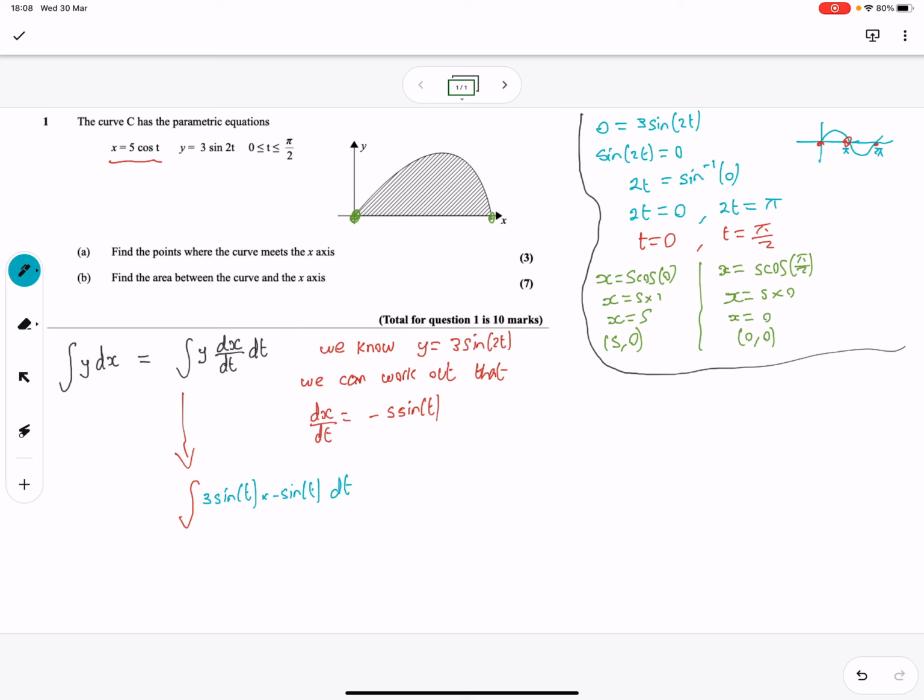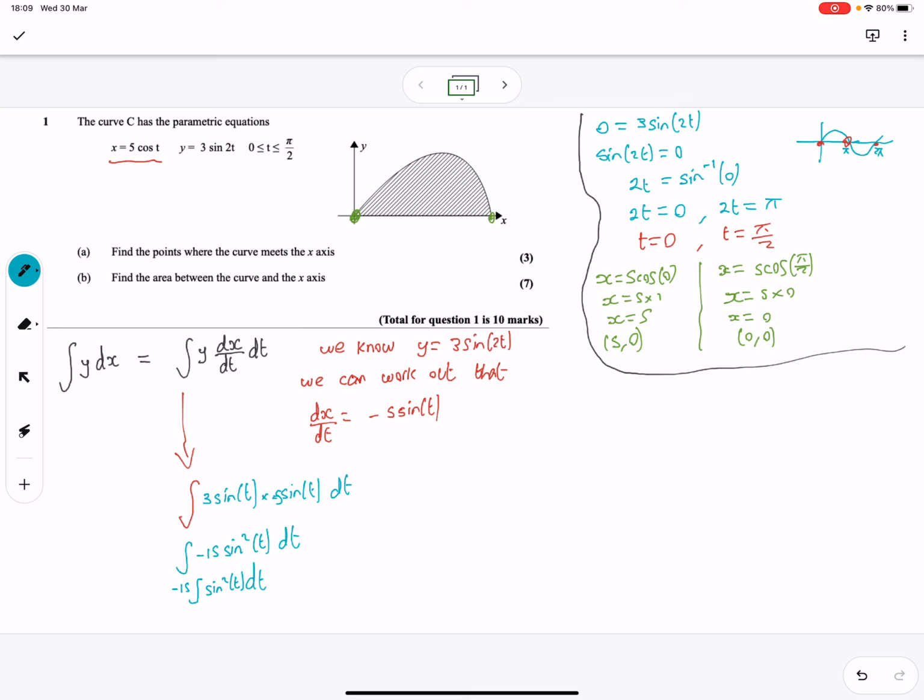And then that simplifies to the integral of minus 15 sine squared of t dt. To make it even nicer, I'm just going to take out the minus 15 to put it on the outside. So minus 15 times the integral of sine squared of t dt.